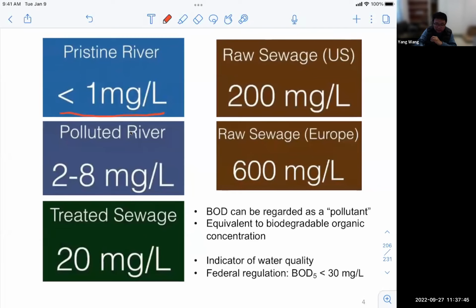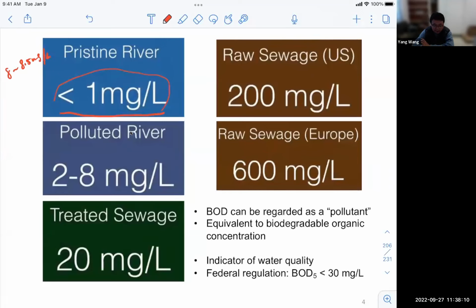If you think about the dissolved oxygen, as we said, 8 to 8.5 milligram per liter, the BOD for this pristine water is basically nothing. It won't consume the oxygen in the water by a lot. That's why in this pristine river, you can see all different types of living species in there.